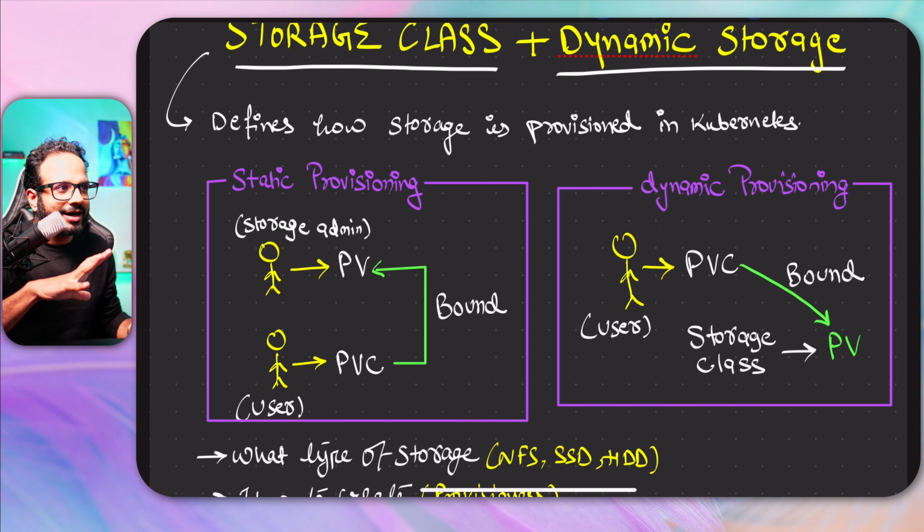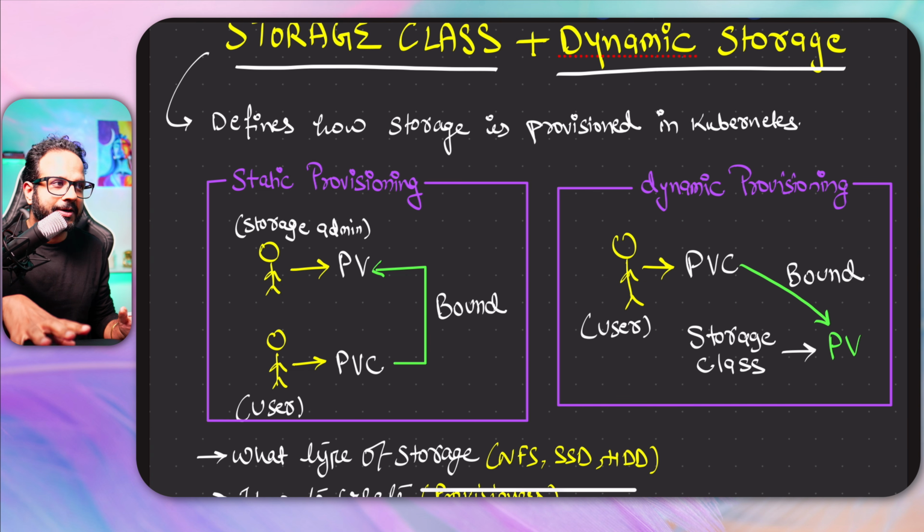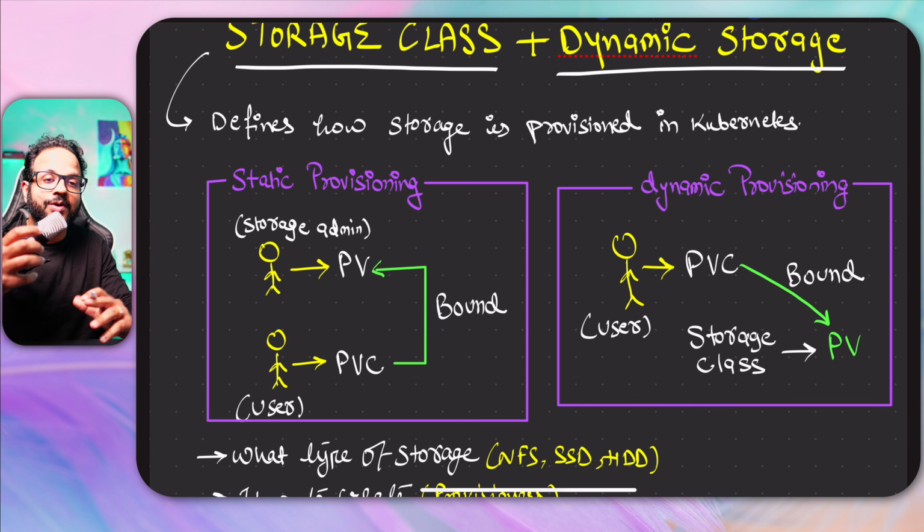There are several use cases for why we use it. Let's say the storage requirement differs from workload to workload, right? Some workloads require a high performance persistent disk. Some workloads require an HDD for a cost effective method.